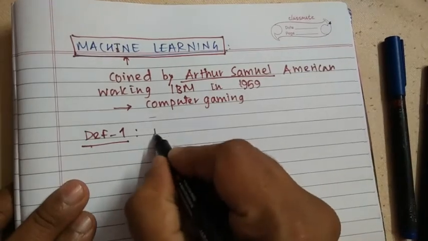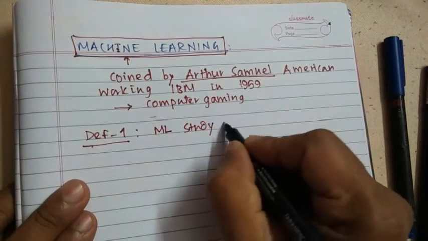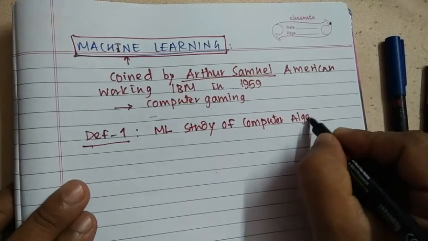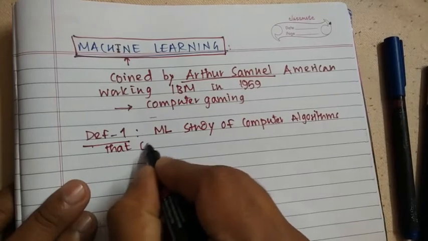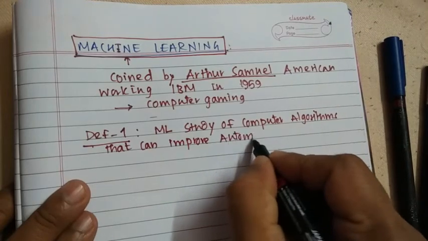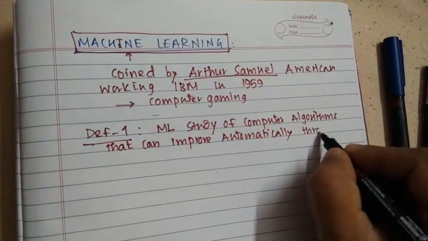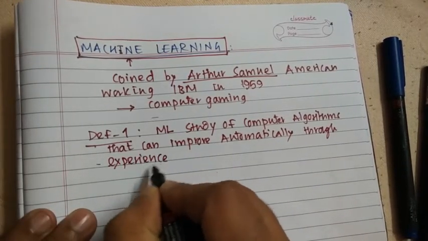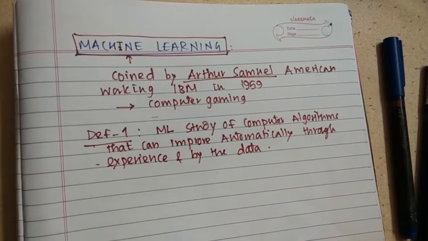So in short, machine learning is a study of computer algorithms that can improve automatically through experience and by the data. This is the first definition.